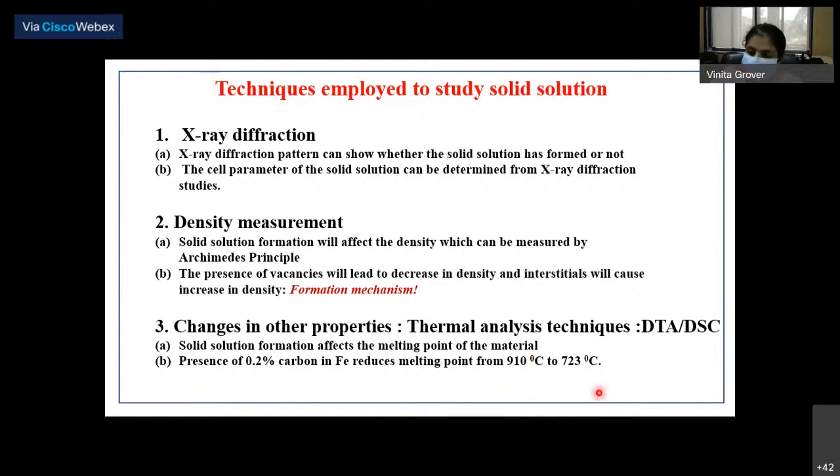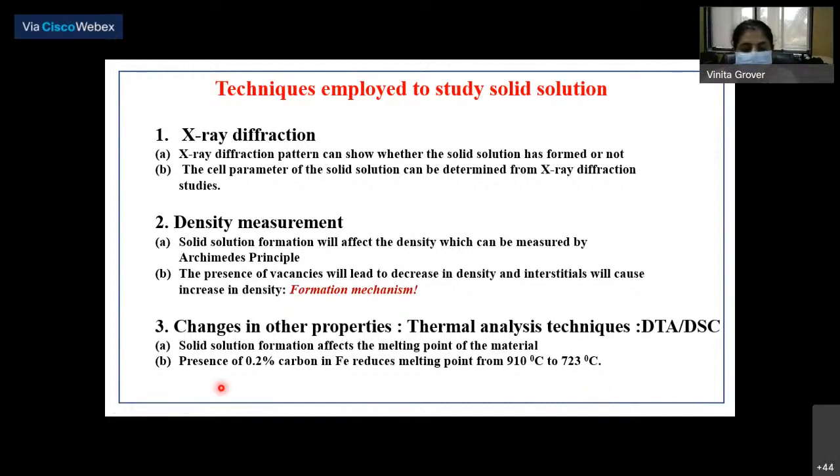Because the solid solution is also a crystalline phase, and your composition is changing, that is changing your average bond strength. And we read about it earlier. The bond strength is directly related to the lattice energy, which is directly related to the melting point. So solid solution formation affects the melting point of the material as well.